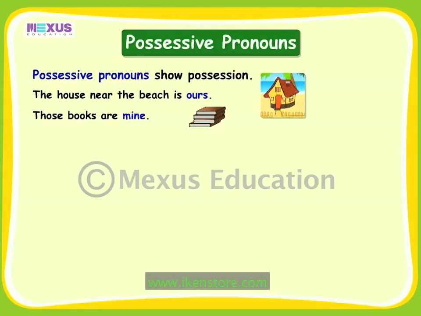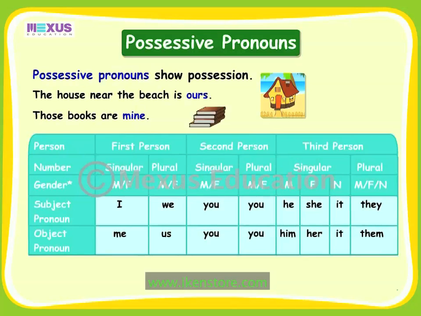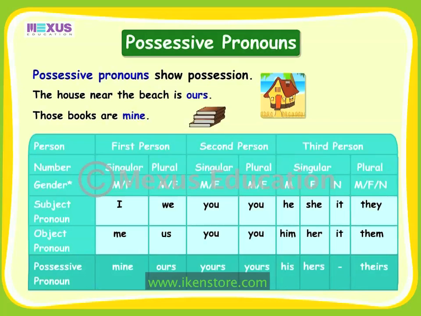The pronouns ours and mine are possessive pronouns and indicate that something belongs to somebody. Let us look at the table with possessive pronouns. The pronouns mine, ours, yours, his, hers, and theirs are all possessive pronouns.